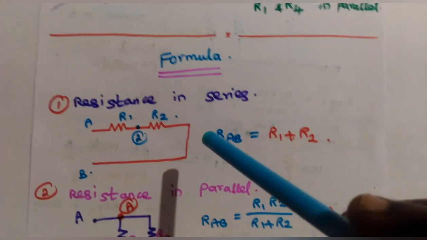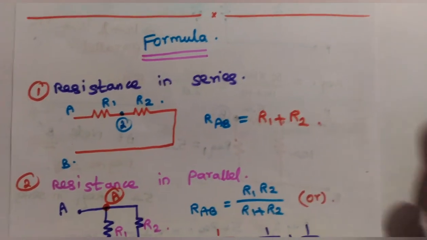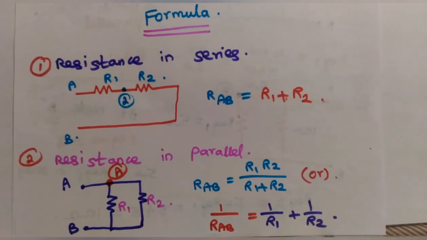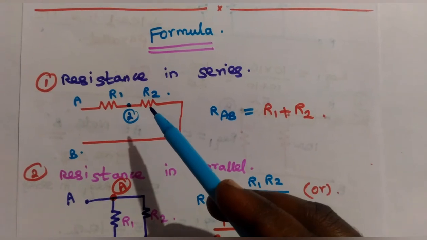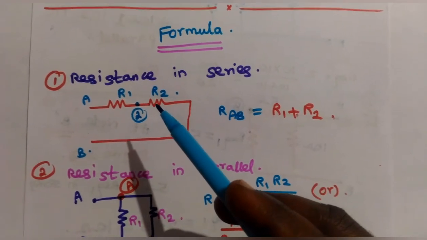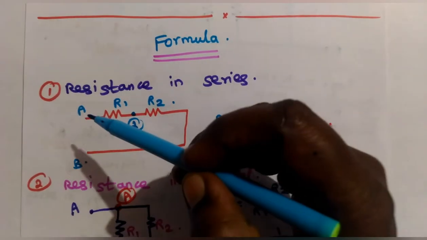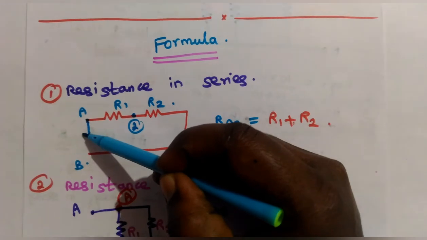Let us see the formula, how to get the equivalent resistance for the series combination of resistances and the parallel combination of resistances. If a question is given like this, there are two resistances connected in series, find the equivalent resistance across the terminals A and B, then in each and every case we should draw a temporary voltage source like this.